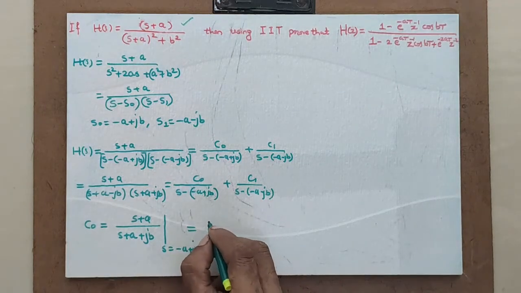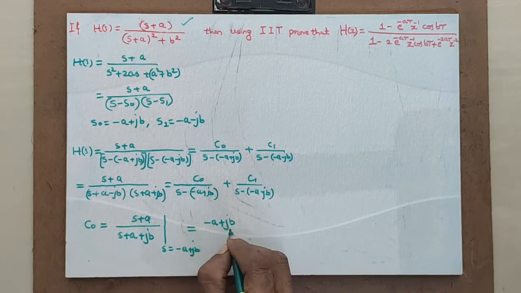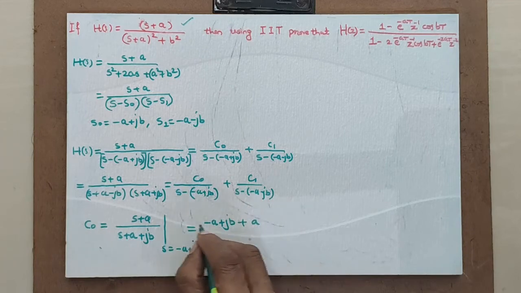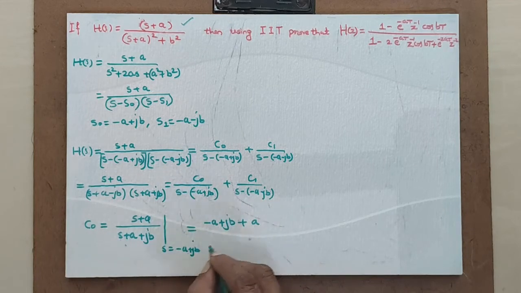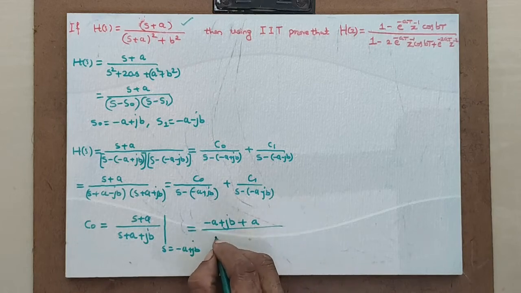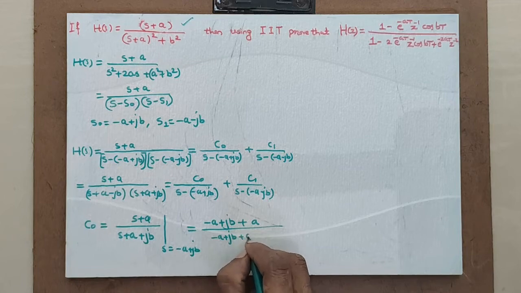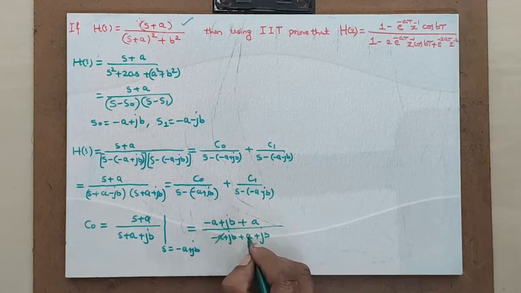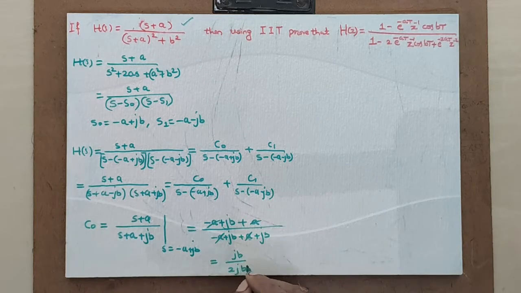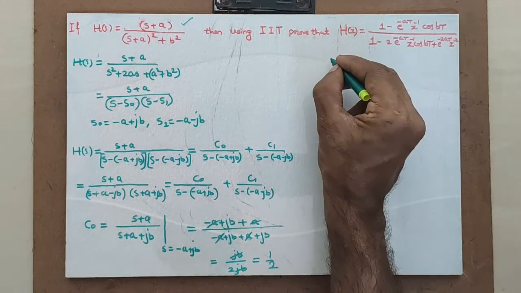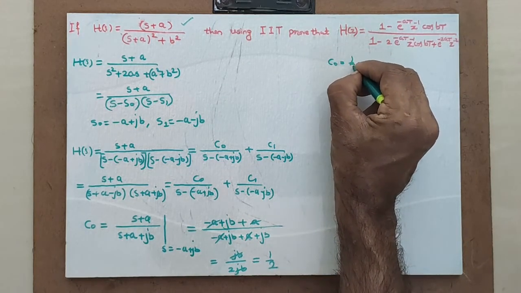Putting this: minus a plus jb plus a, whole divided by minus a plus jb plus a plus jb. Minus a cancels, giving us jb divided by 2jb, jb cancels, giving me half. Hence I got c naught as half. C naught is equal to half.